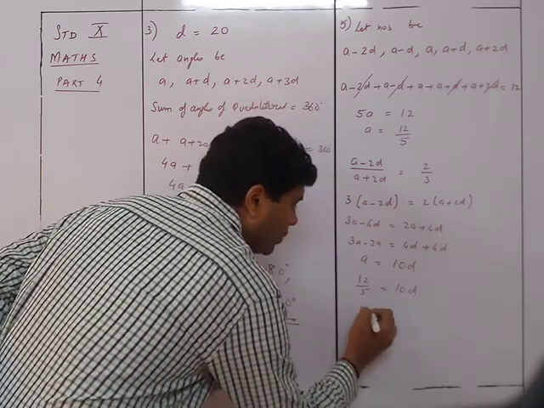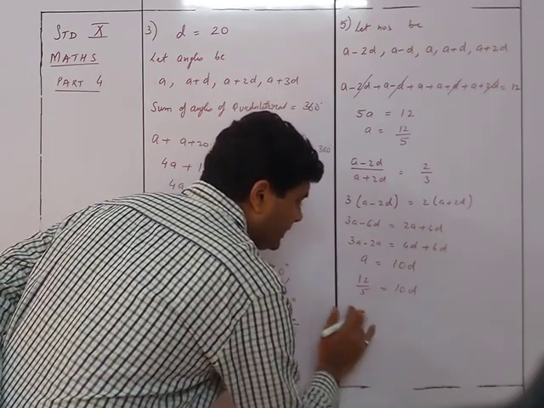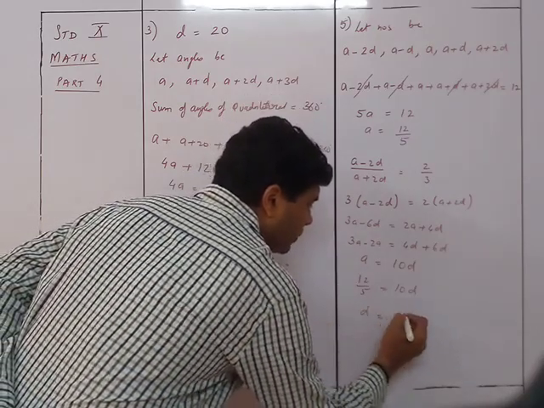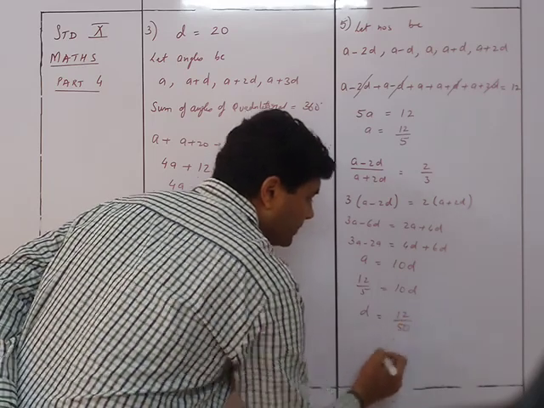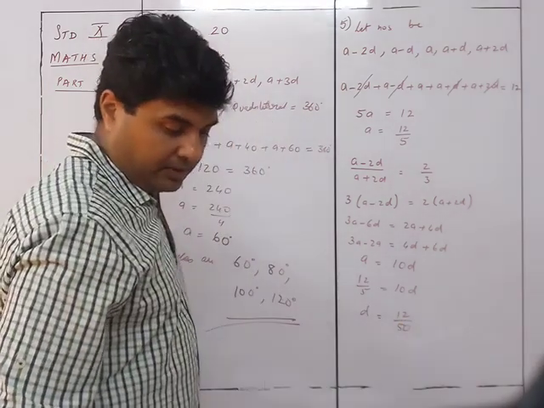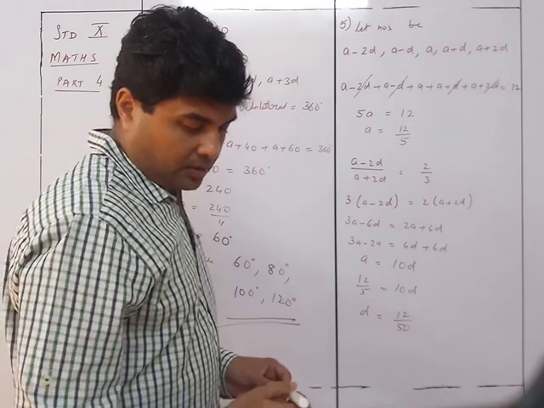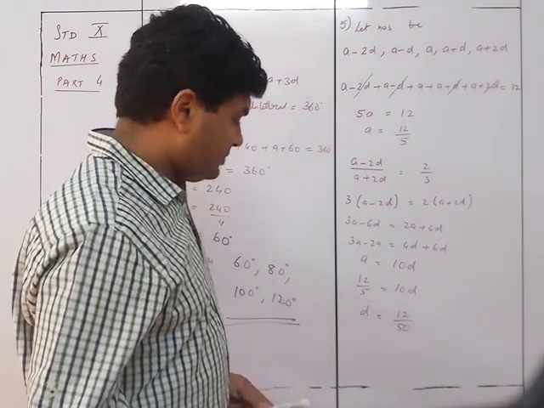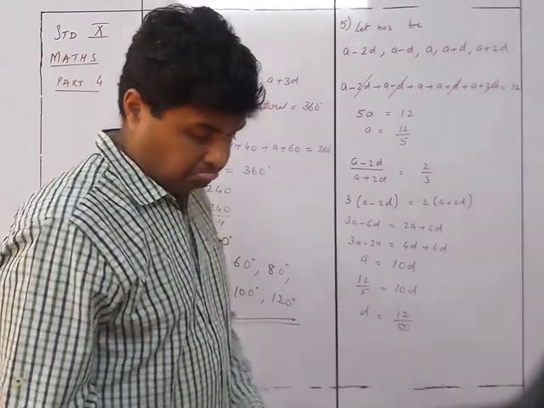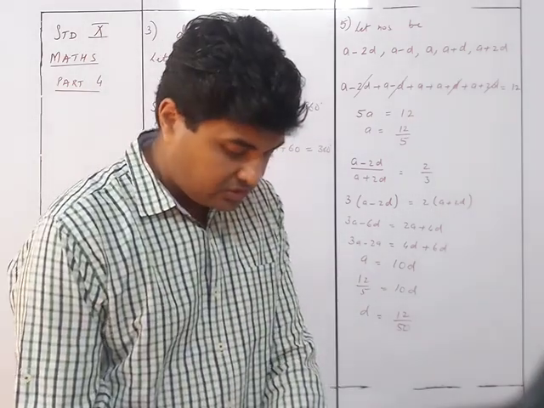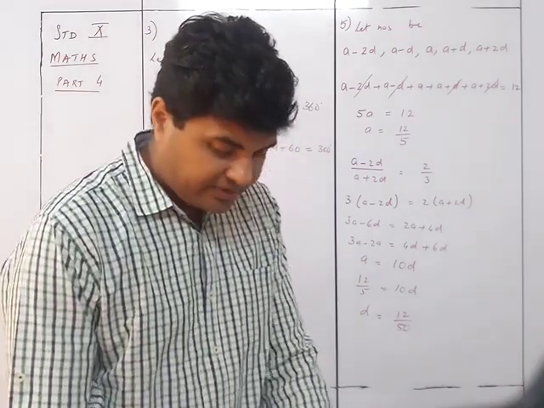Accordingly D is equal to 12 upon 50. Find the 5 numbers. 12 upon 50, that's quite a strange answer. Let me check it.